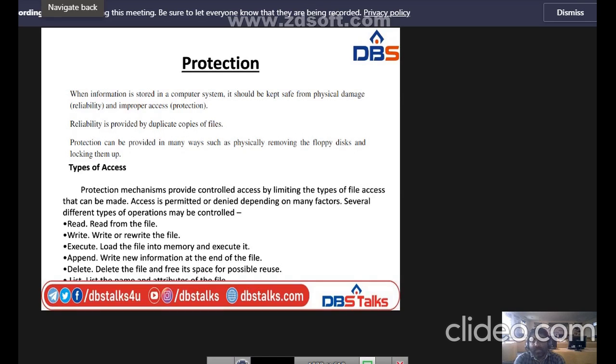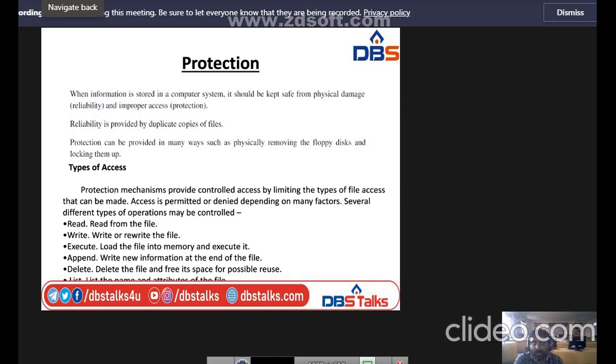Next, we have other protection approaches. Another approach to the protection problem is to associate a password with each file. If the passwords are chosen randomly and changed often, this scheme may be effective in limiting access to a file. Use of passwords also has certain disadvantages.